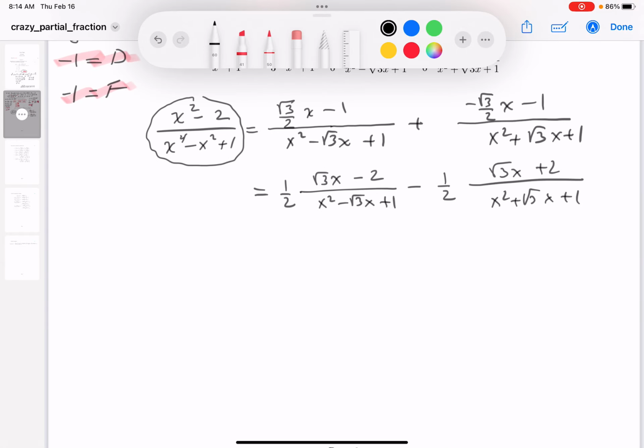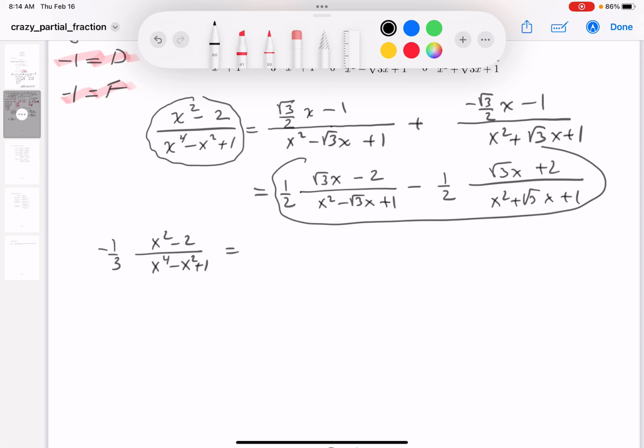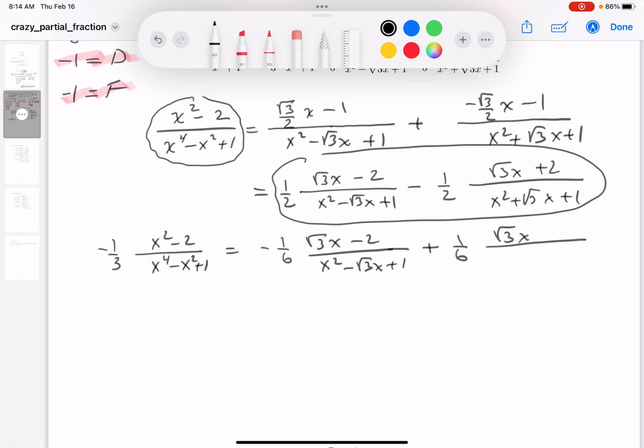So I get minus 1/6 times root 3x minus 2 over x squared minus root 3x plus 1, plus 1/6 times root 3x plus 2 over x squared plus root 3x plus 1.